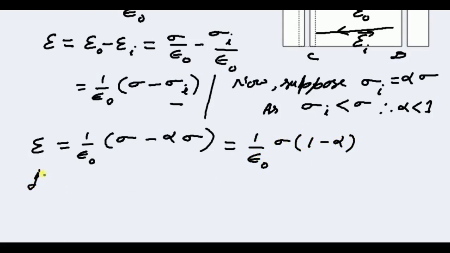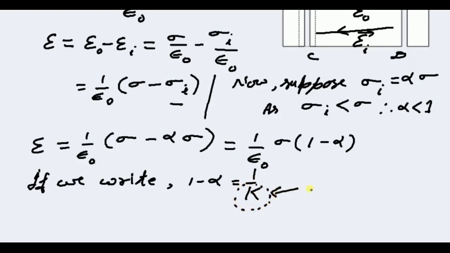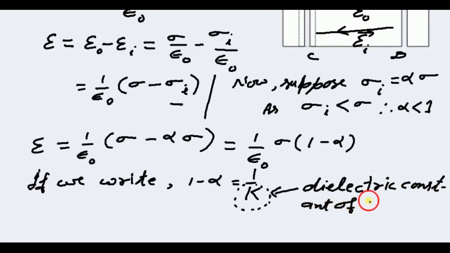If we write 1 minus alpha as 1 upon k, k is another constant, it is called the dielectric constant of the slab.